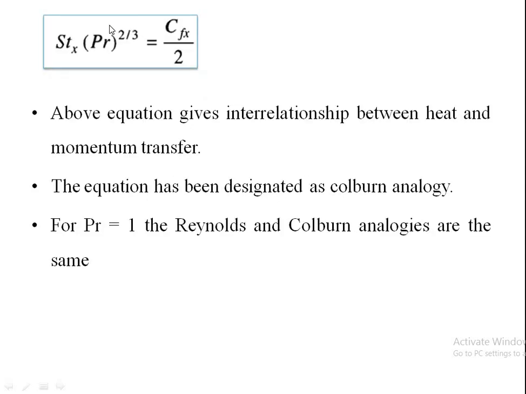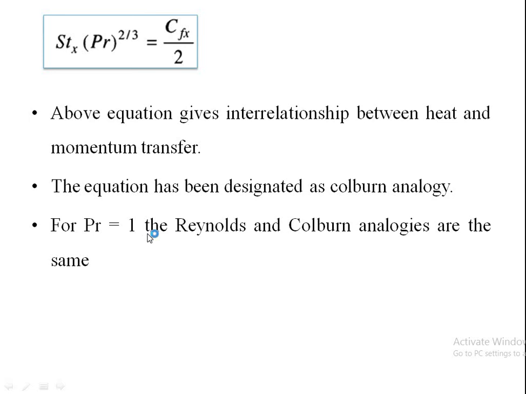Now this local Stanton number multiplied by Prandtl number raised to 2/3 is equal to Cfx divided by 2. This equation is giving the interrelationship between heat and momentum transfer. The above equation has been designated as the Colburn analogy.